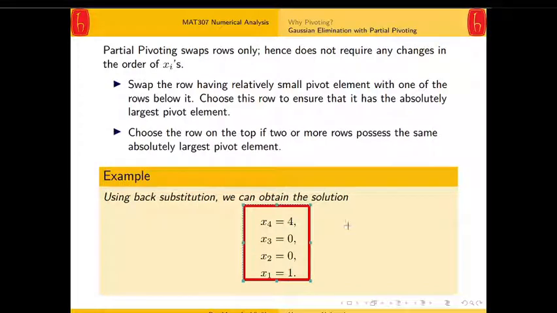To wrap up, we introduced the partial pivoting strategy for Gaussian elimination because Gaussian elimination itself was not a stable method. We solved some problems with Gaussian elimination and we saw there are issues with them.